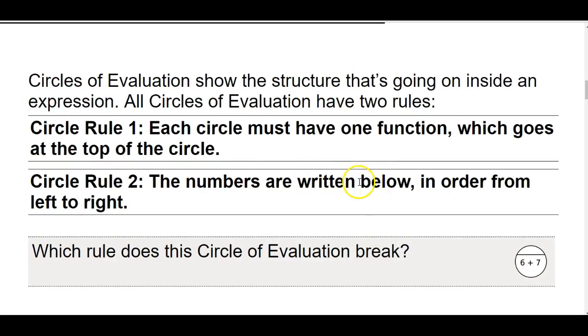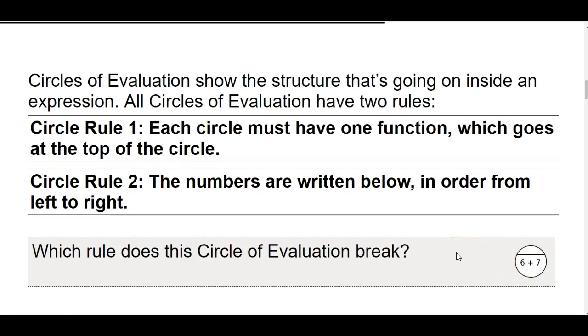Okay? All right. Here we're going to move on from that. So now it says there are two rules that we always follow. The first rule says every circle can have only one function. Can't have multiple functions, right? And that function goes on the top of the circle. And then the second rule is that the numbers are written below the top of the circle, and they go from left to right. So in this case, we have a circle of evaluation that's breaking a rule. We have numbers that are left and right, but that plus sign, where should that go?